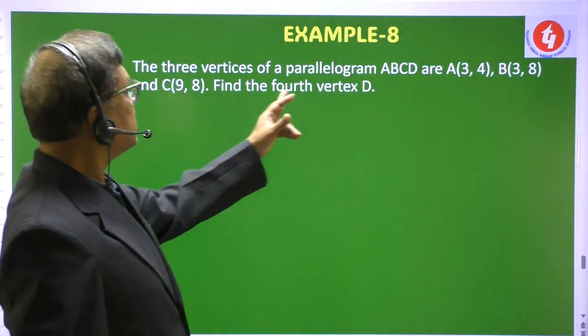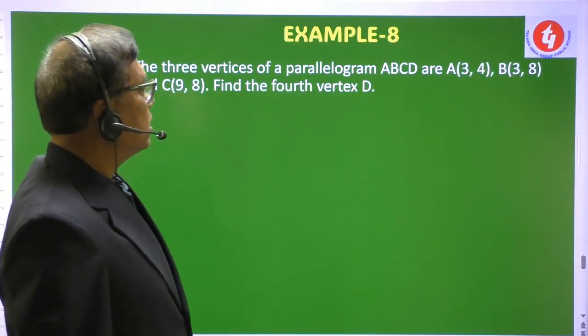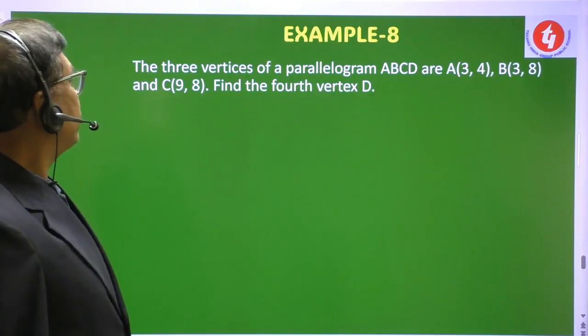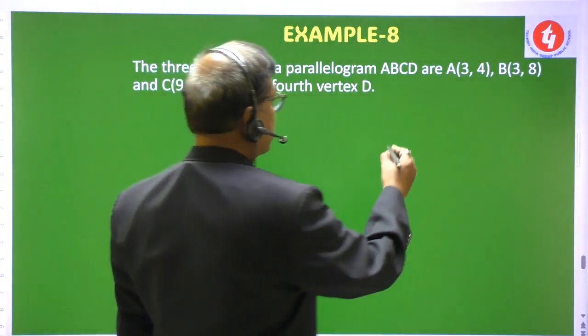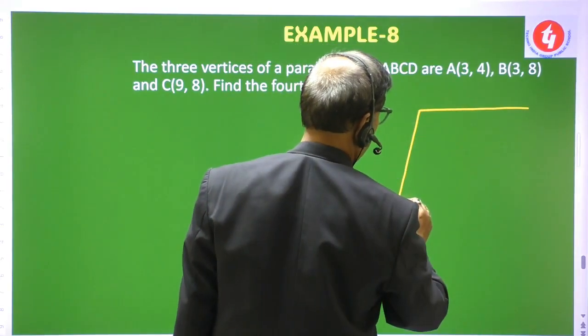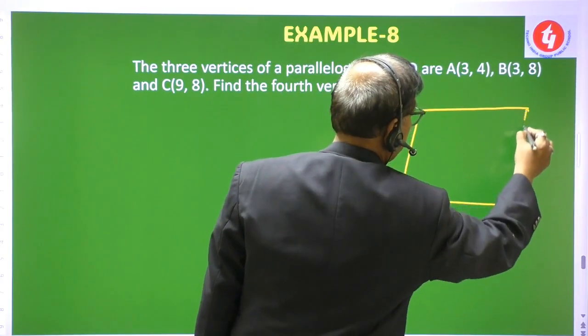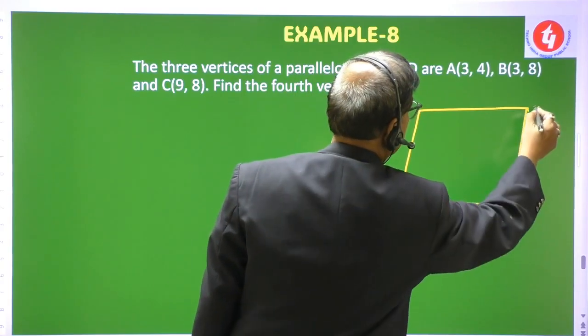The three vertices of a parallelogram ABCD are given here. Find the fourth vertex D. So if I draw a parallelogram ABCD, say ABCD is a parallelogram.